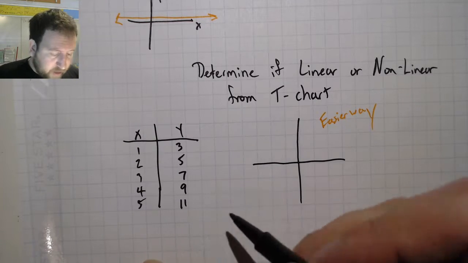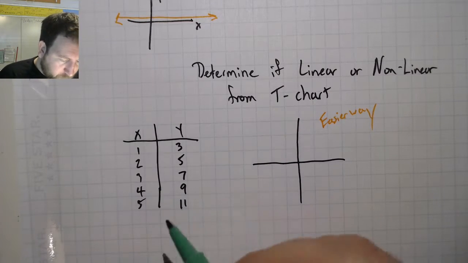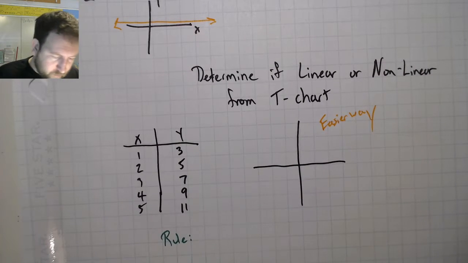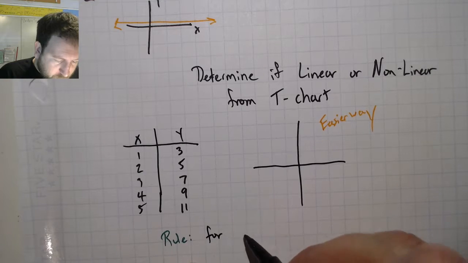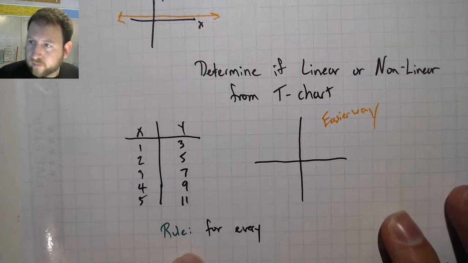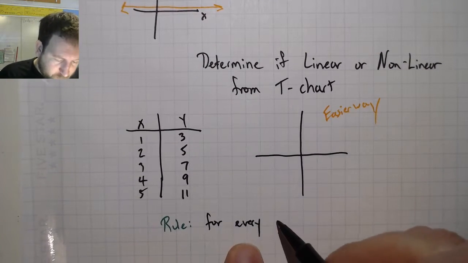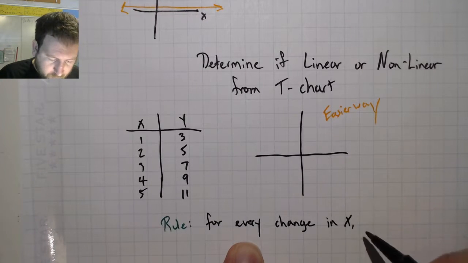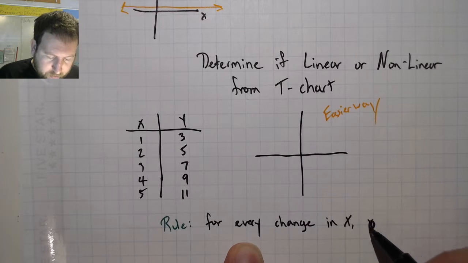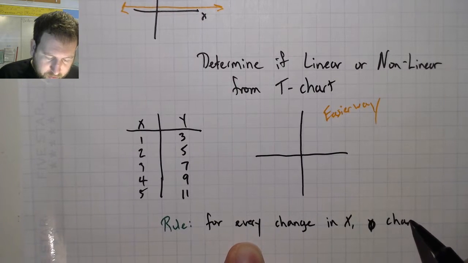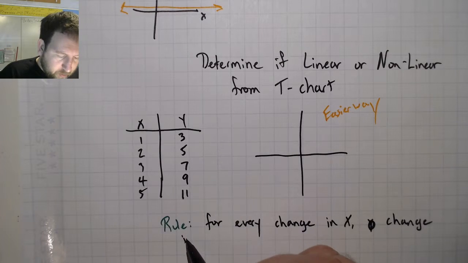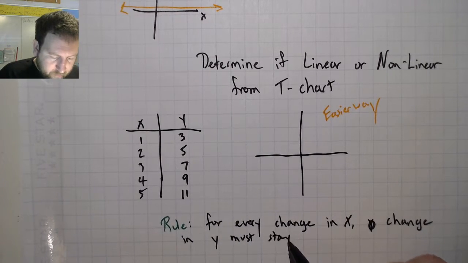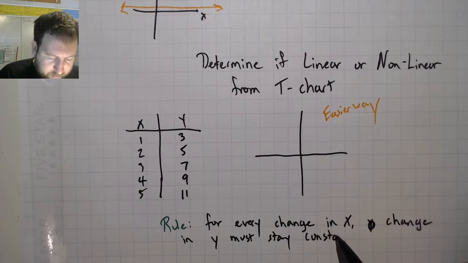So if I could write this as our rule, for every change in x, the change in y must stay constant.